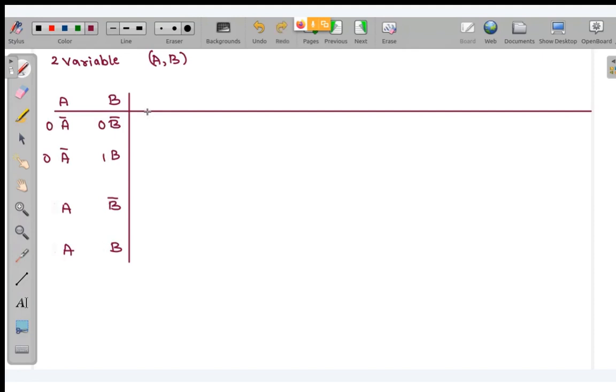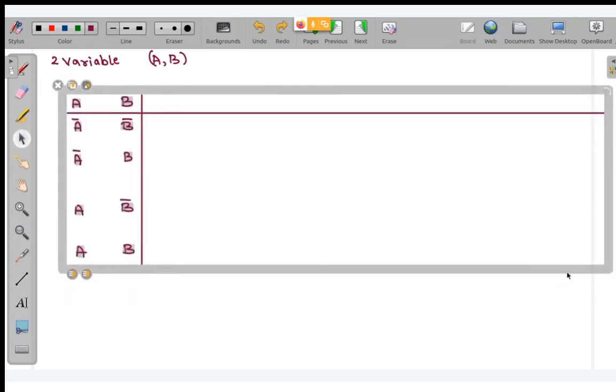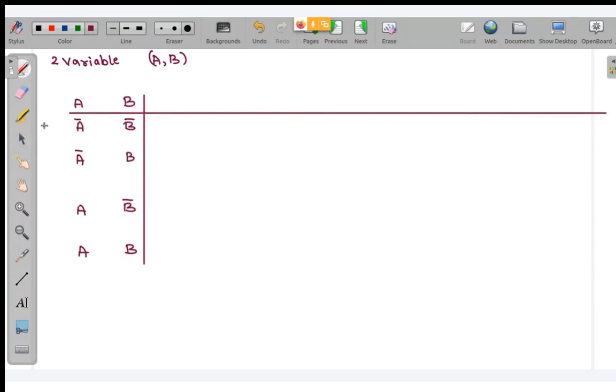So over here, this term will correspond to A complement B complement, this will be A complement B, this will be A B complement, and this will be AB.